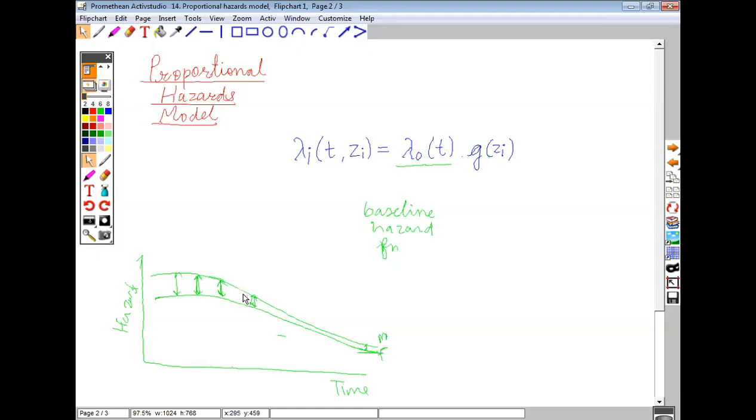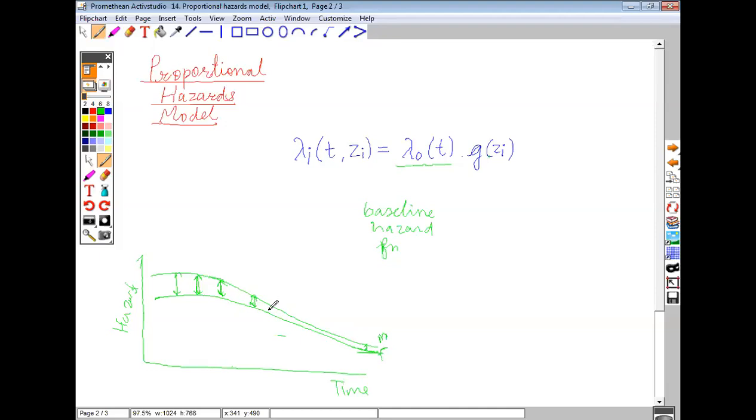But the difference between these two curves is only affected by the covariate, and this remains constant every single time. So you might assume that if I'm starting a curve like this, then by constant it should be like this.